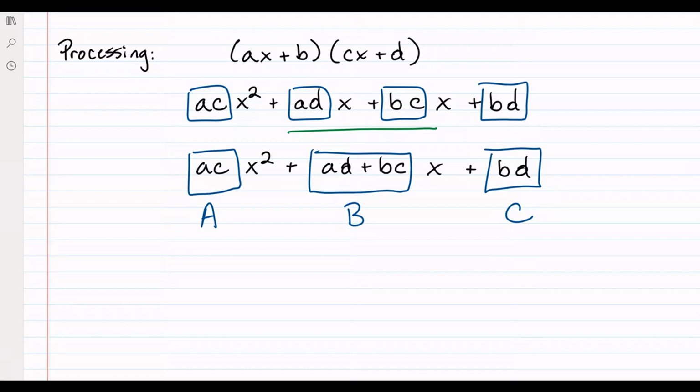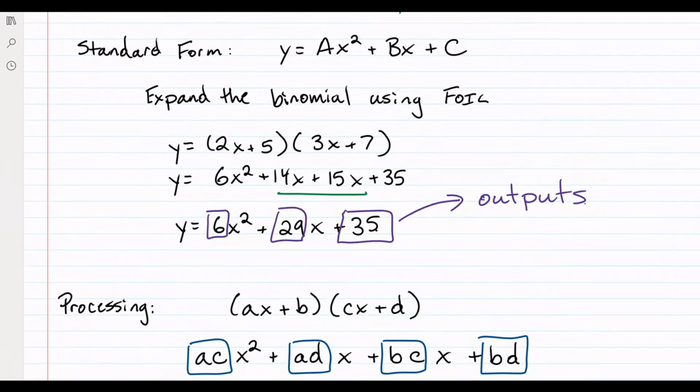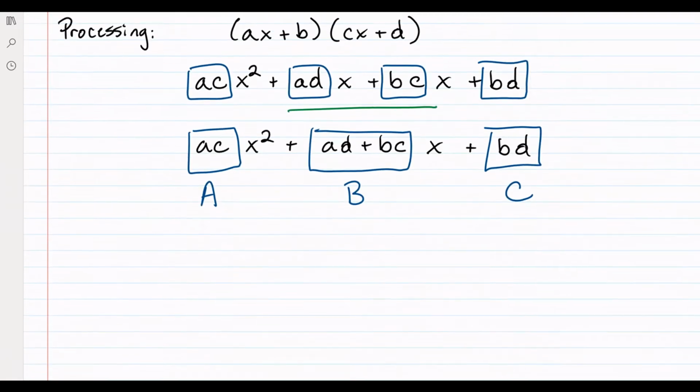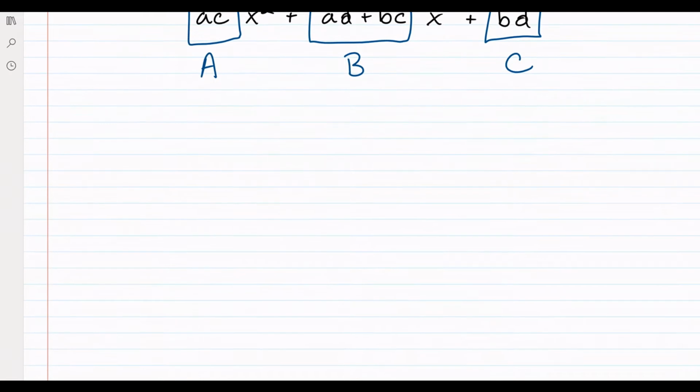They're just pretty simple formulas based on the variables I'm going to be storing from the user input. Now, I believe this question also said it wanted to calculate the coordinates of the vertex of this quadratic. So we need to think back to how this works for a quadratic.